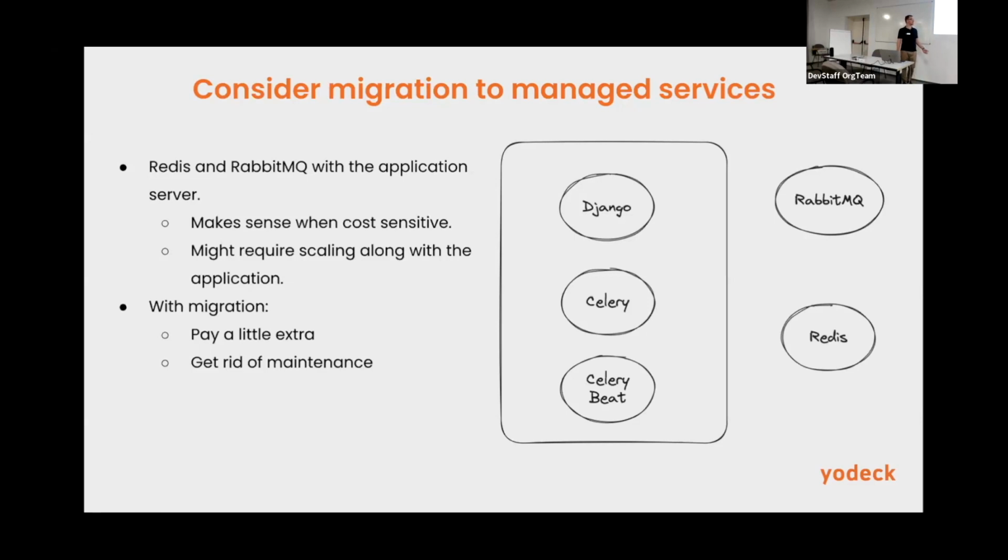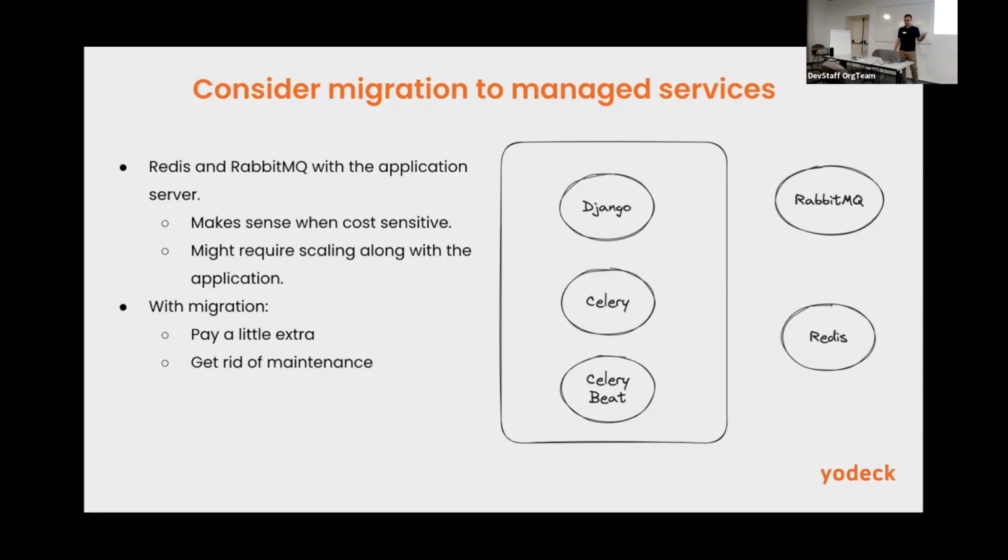But the problem with hosting them on your instance is that they might require scaling along with your application. As more requests hit Django and more tasks were queued in Celery, RabbitMQ had more traffic to handle, and it was competing for resources with the core of our application.